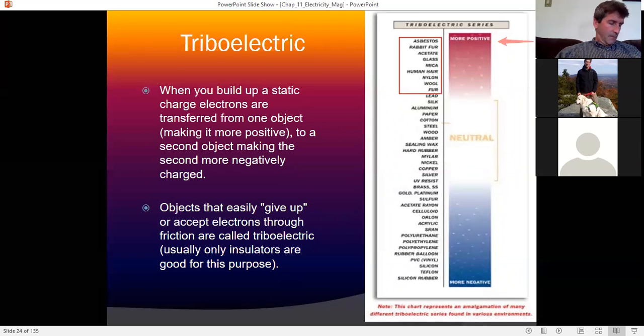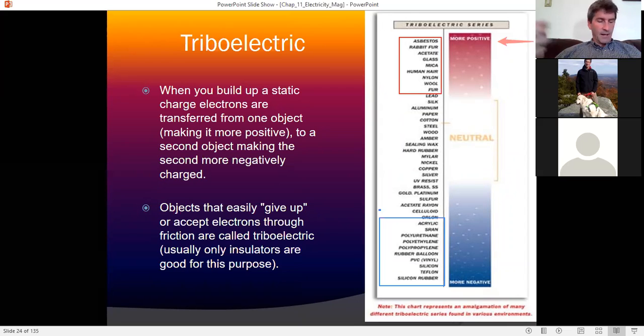At the bottom of the scale, we get these materials that like to grab onto electrons. So here we have acrylic, polyurethane, polyethylene, polypropylene, plastics like to grab electrons.